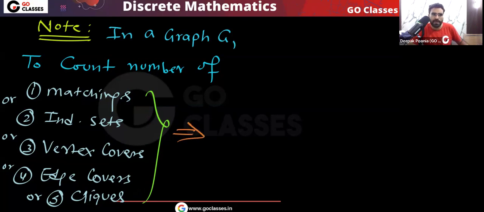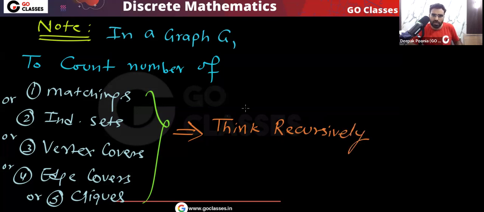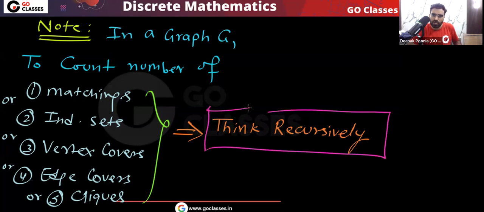What should you do? Think recursively. We will do a lot of practice of this in this lecture. Think recursively, or I can say count recursively. The counting you should do recursively.